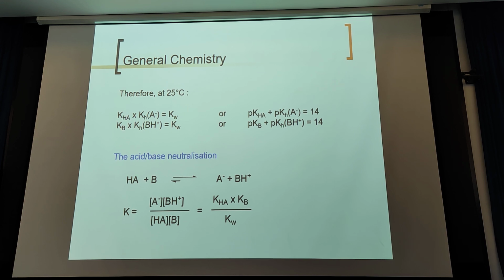The same thing for the ionization of a base: the negative logarithm plus the negative logarithm of the hydrolysis also add up to 14. This is only true at 25 degrees, because we have the 10 to the minus 14 for the autoionization equilibrium constant.